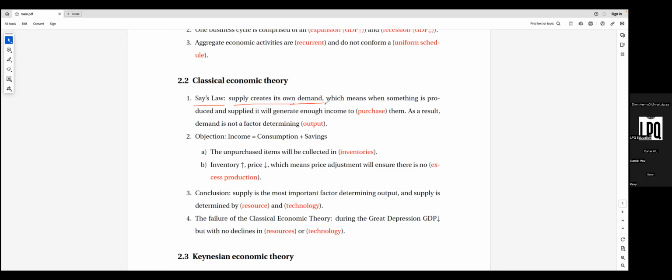By seeing this, classical economists try to prove that supply always equals demand, and demand always equals supply. This is what classical theory is really about.